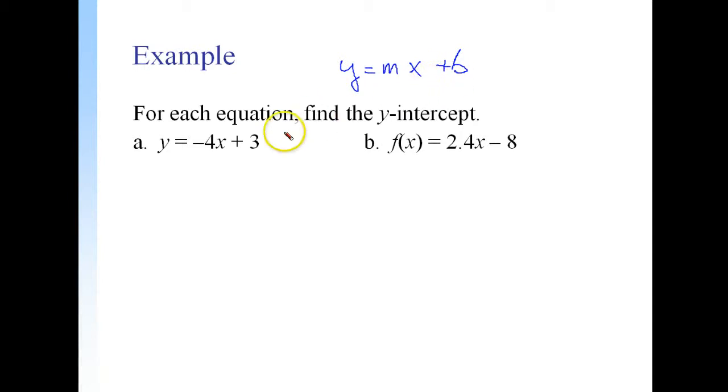Now, whatever's in the b position here, that will be your y-intercept. And you could say b equals 3 or b equals 0, 3. You have to see which way they want it. On a test, I will accept it either way.